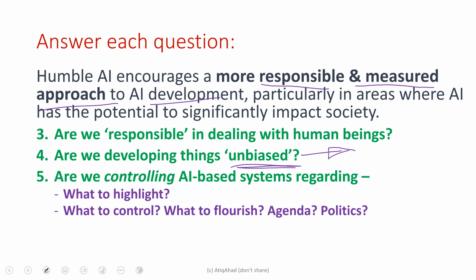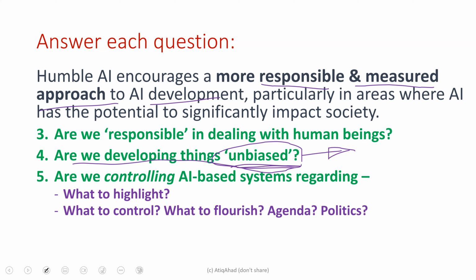In this case, you will find one great lecture from Professor Matthew Turk, one of the best computer vision people in the world, and he talked about face recognition and bias issues. It's an amazing lecture. You can find it here. So are we developing things unbiased? It is intentional or unintentional bias. And even if there are biases, how do we manage them?